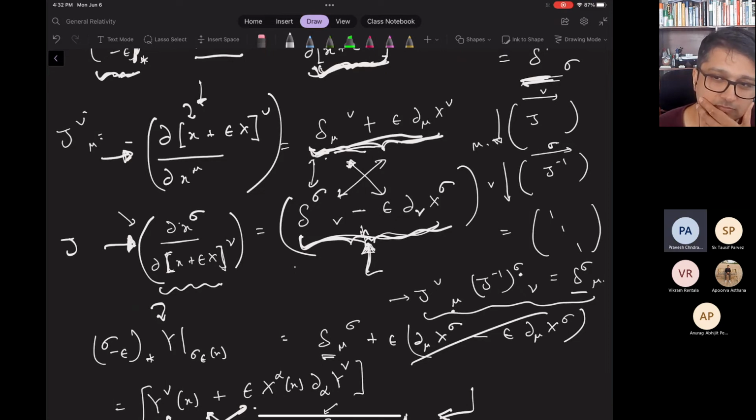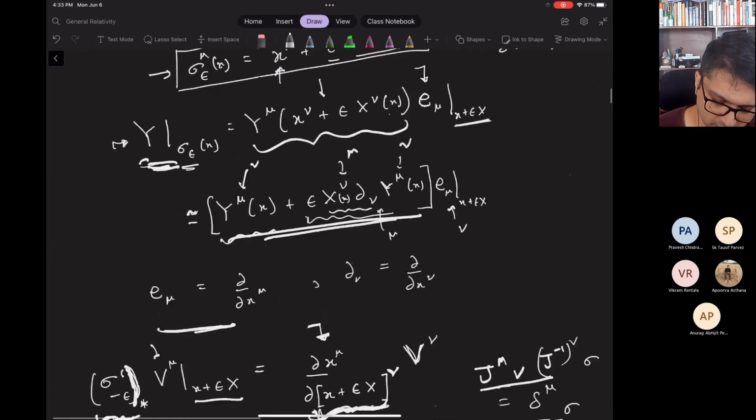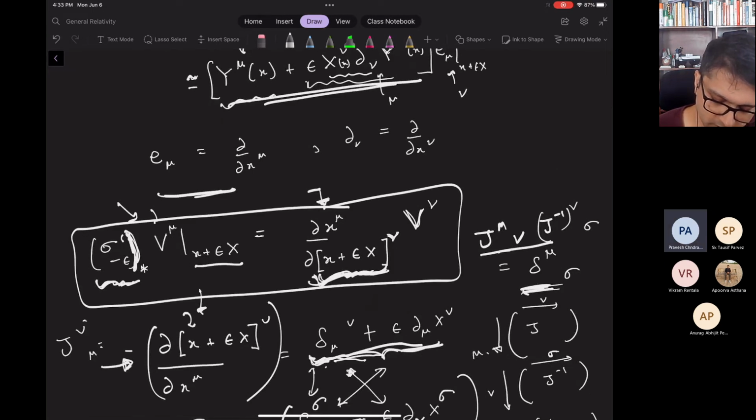Sir, when you applied this sigma minus epsilon star to the v^μ at x plus epsilon x, one way is that we can use the definition of sigma minus. You have just written there ∂x^μ over ∂(x plus epsilon x).